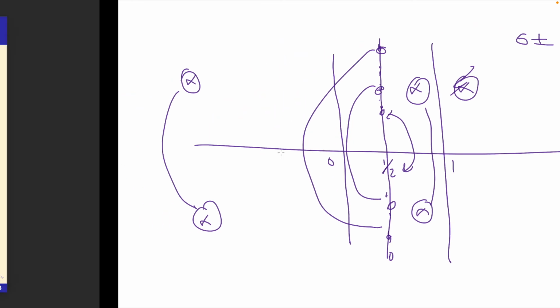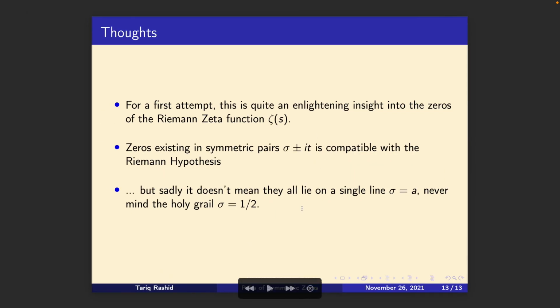So to be clear, what we've proven is something that is compatible with the Riemann hypothesis, but doesn't actually prove it. It doesn't say that the zeros all lie on a single line, never mind the Holy Grail, which is a single line at real part half.